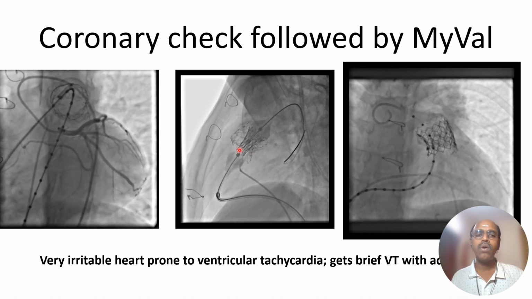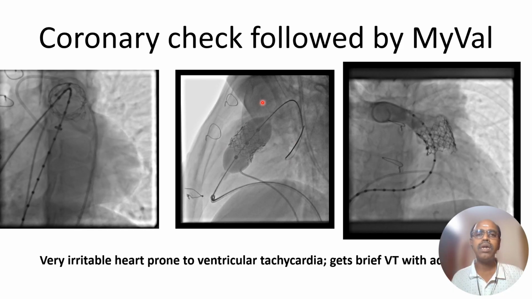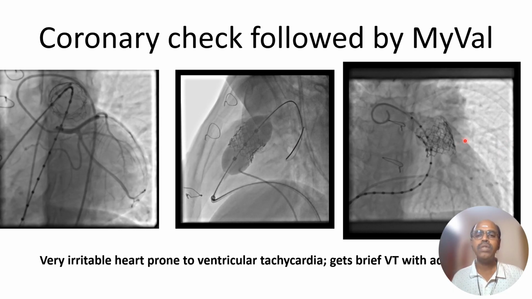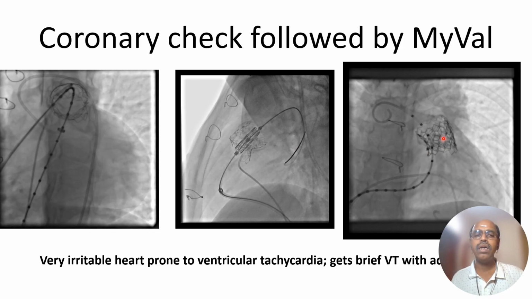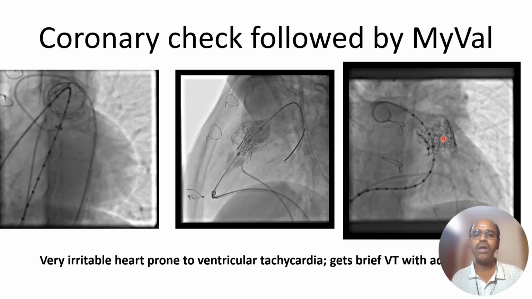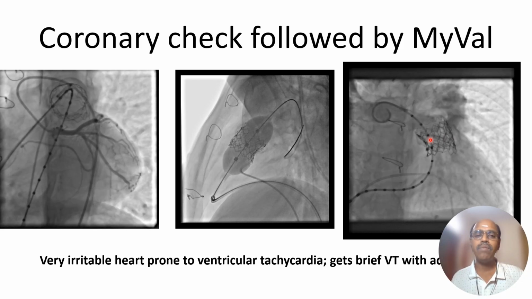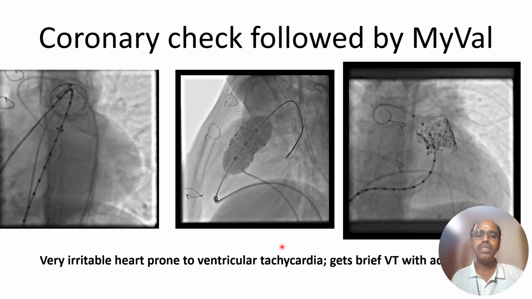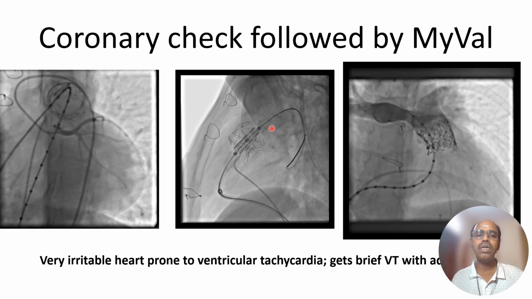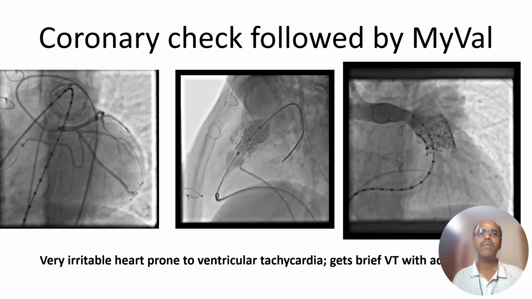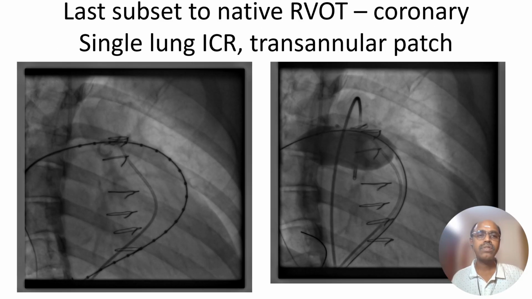So quite often I don't adopt rapid pacing as a strategy. So this is an example of RVOT stenting followed by pulmonary valve implantation. This irritable outflow tract, the ventricular tachycardia settled once the catheters were pulled out.